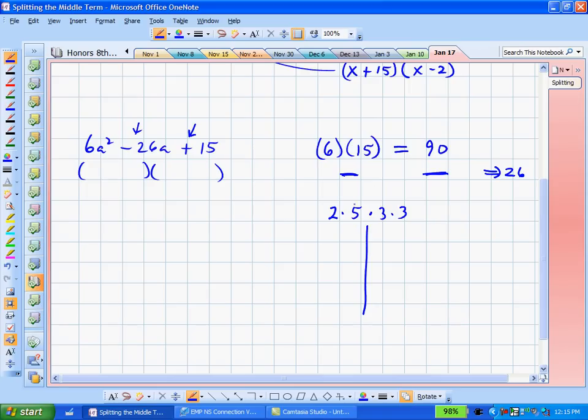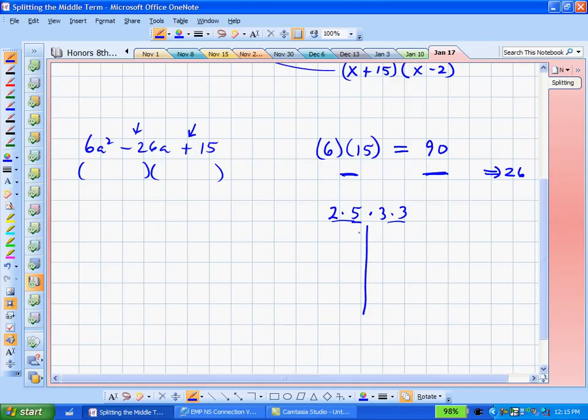So let's see. If we did, well, 10 and 9, that's 19. If we did 15 and 6, that's not 26. So can we get 26? Well, 9, 18, and 5 make not 26. I'm having trouble getting all the way to 26.